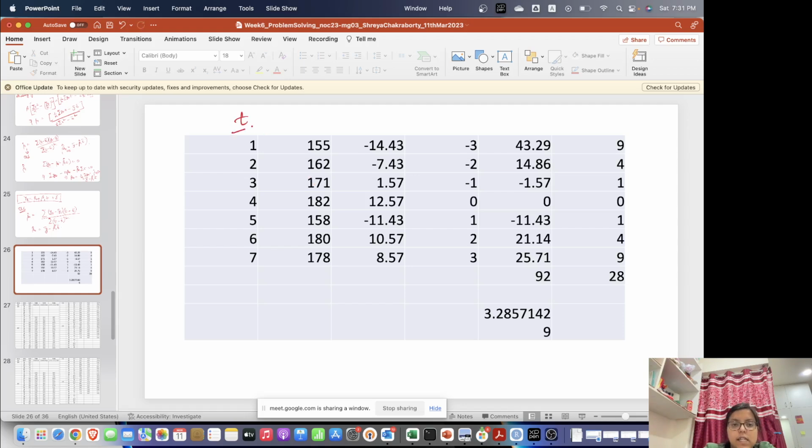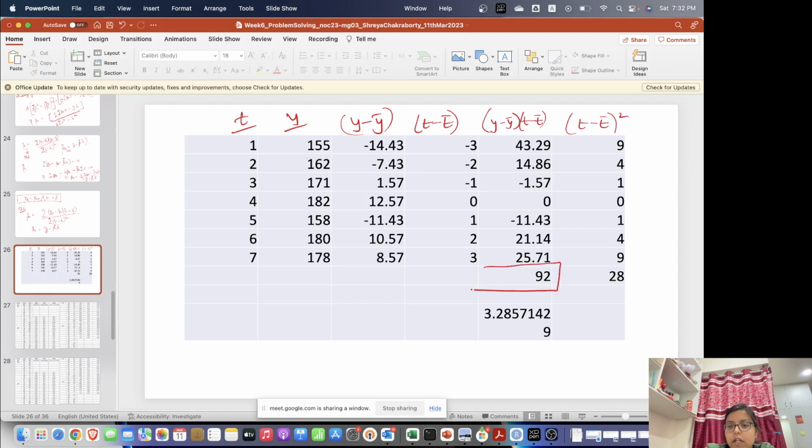So this is t, this is y. This column is y minus y bar. This column is t minus t bar. This is y minus y bar into t minus t bar. This is t minus t bar whole square.